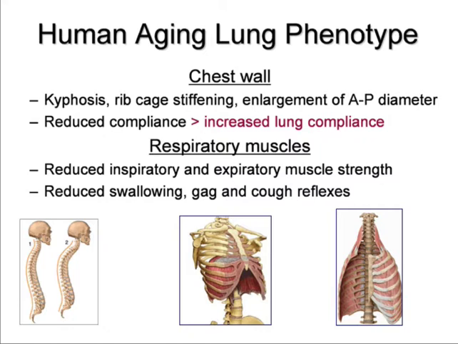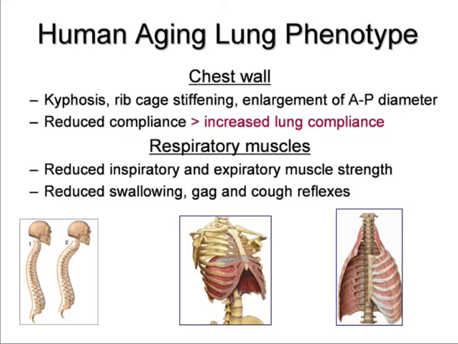The respiratory musculature behaves like the other skeletal muscles with aging. As you know, one of the classic features of pathologic aging is sarcopenia, or loss of muscle mass, which is a critical component of the frailty syndrome. So not only are the limb muscles weak, the respiratory muscles become weaker with aging.